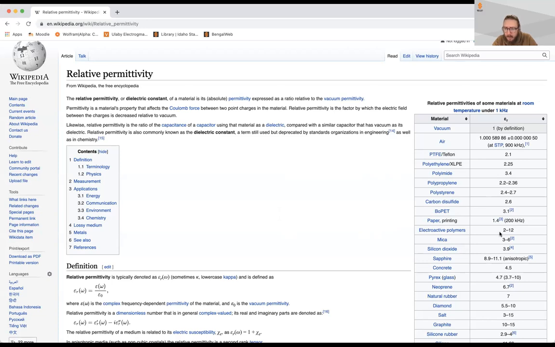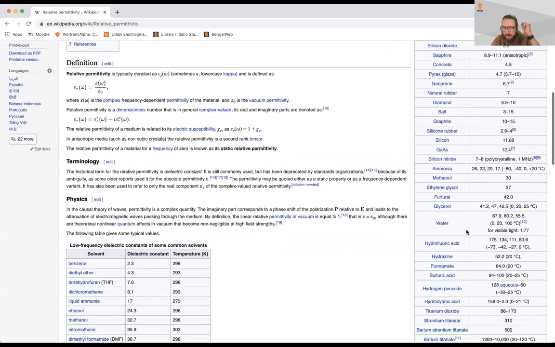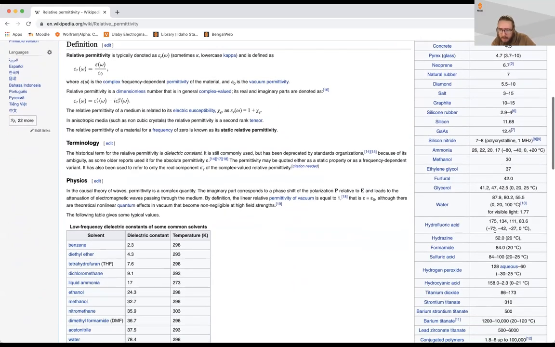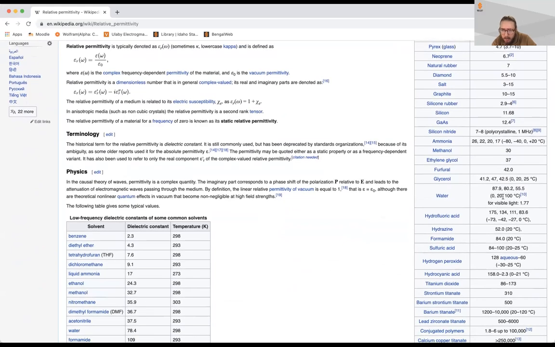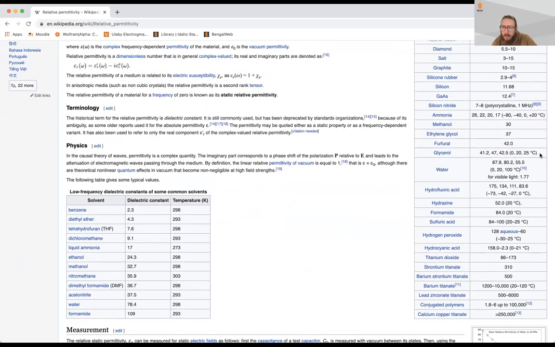Beyond that, this is more of a materials problem, but when you start to see some of these really high ones, water, this is a liquid. Glycerol is also a liquid. Ethylene glycol is a liquid. Ammonia, methanol, sulfuric acid. A lot of these are liquids.